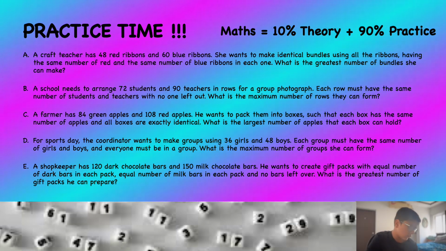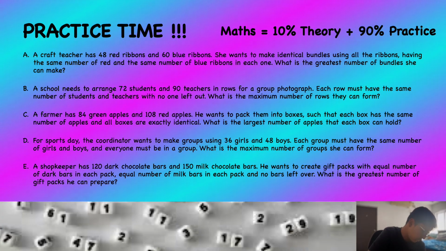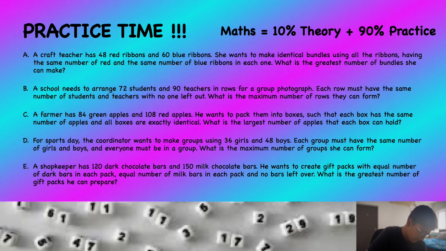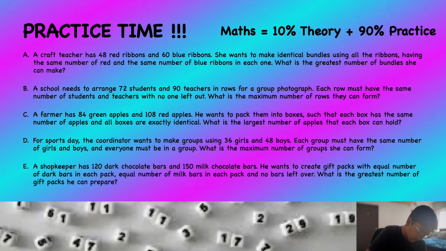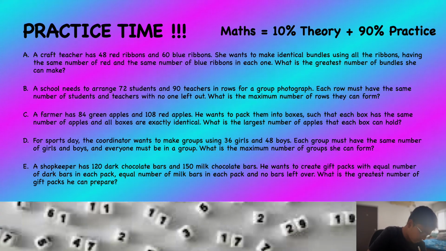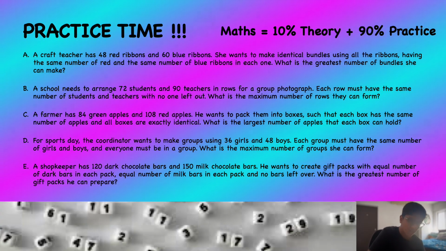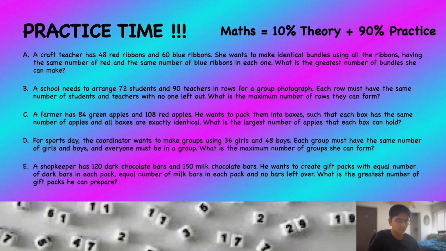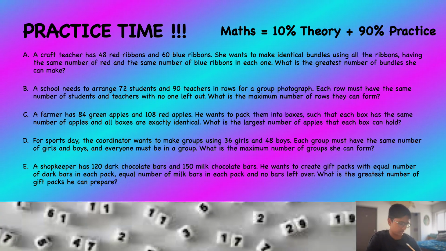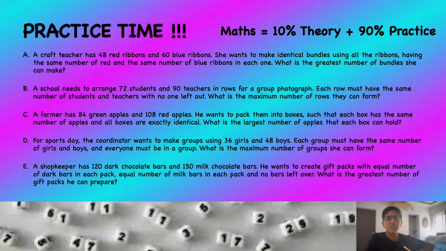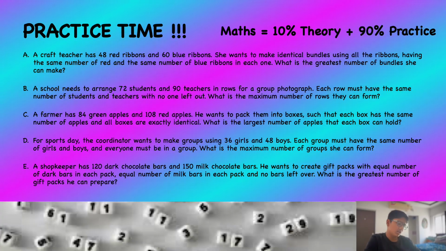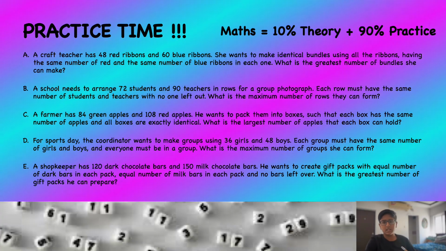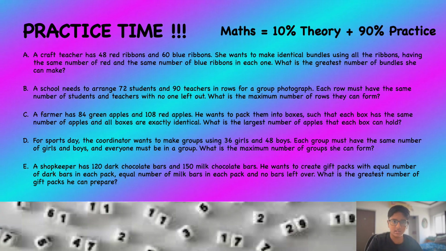So here we need to find the identical ones. So 1, 2, 3, 4, 6, and that's it. So 1, 2, 3, 4, and 6 are common factors. So the highest one is 6. So the answer is 6. She can make 6 identical bundles.